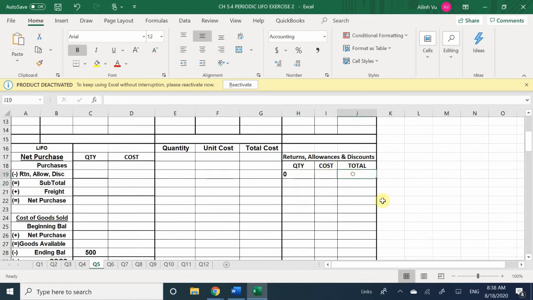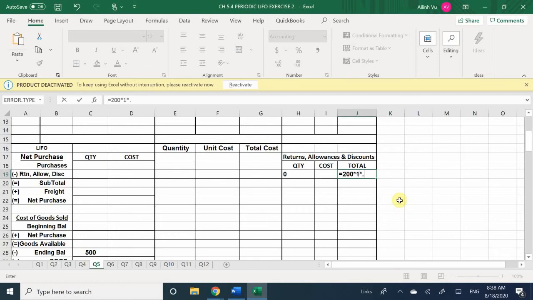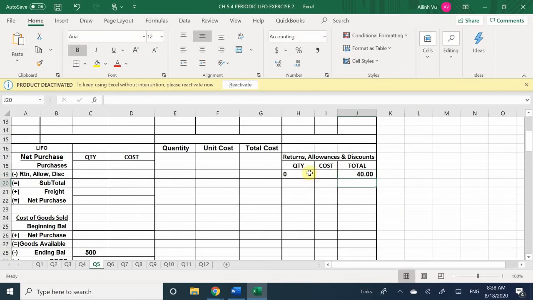So what we know is that this needs to be 200 items times $1 times 20%. And what do we get? $40. So in this case, when we update this one, we only update it according to the $40.